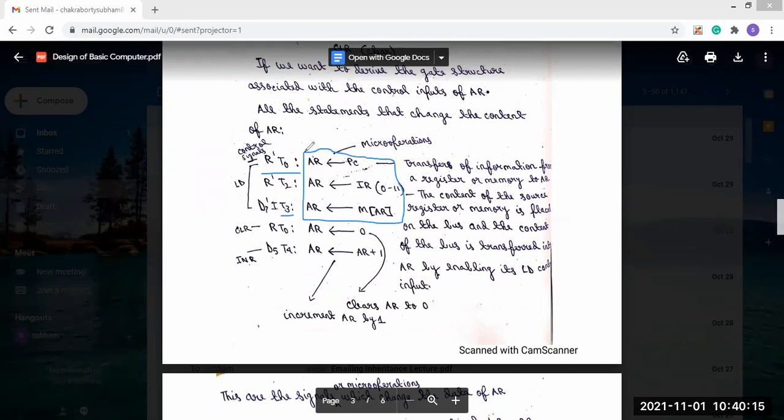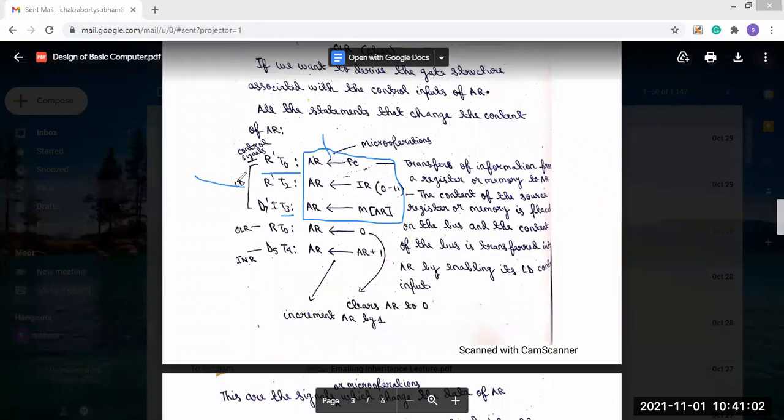Now, if you see, all of these are related to transferring. All of these operations are related to transfer: from the program counter to the address register, from instruction register bits 0 to 11, and the value stored in a particular memory location, all transferred into the address register.